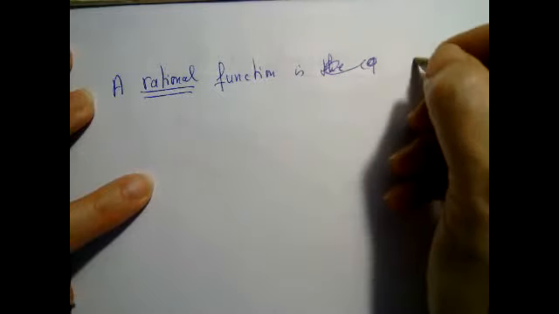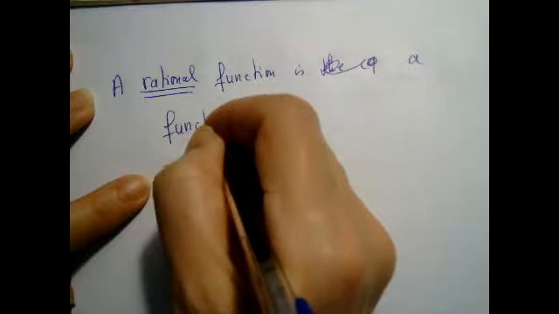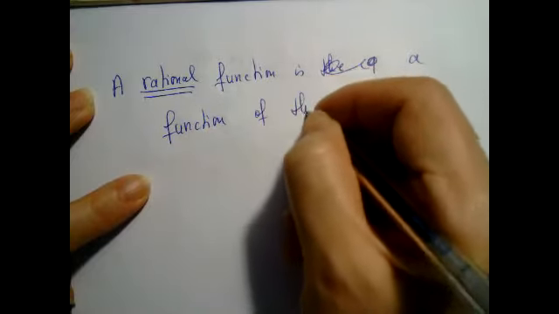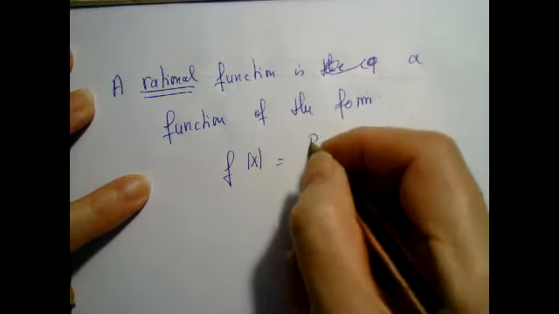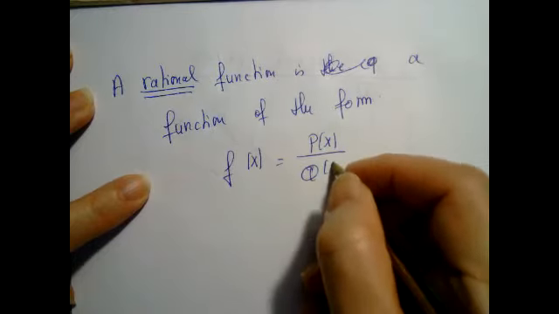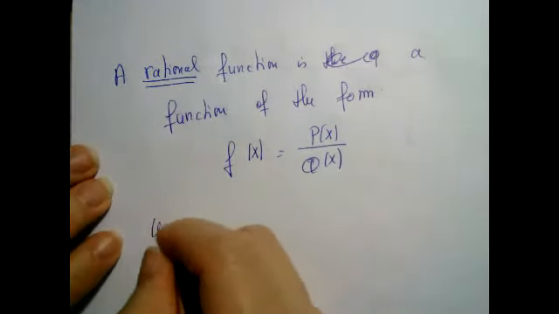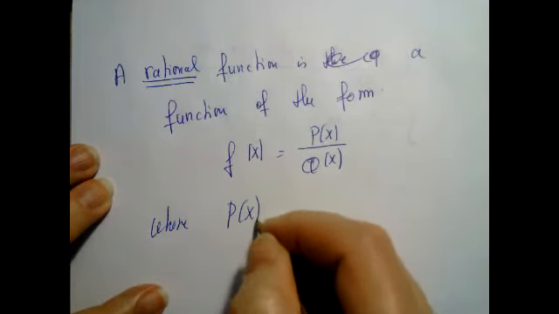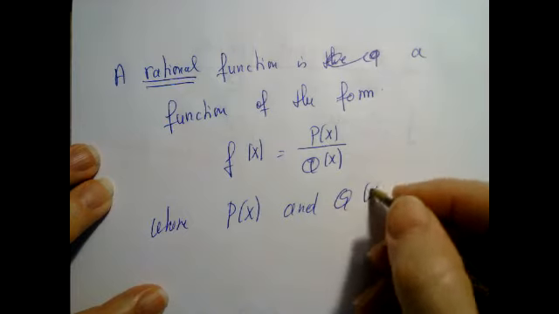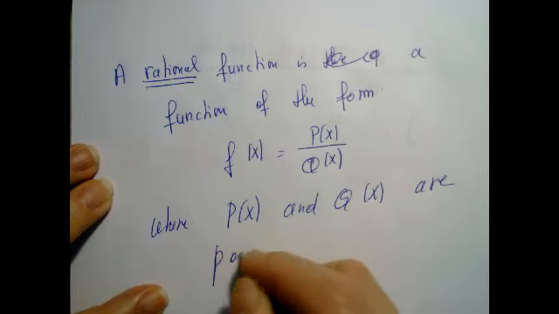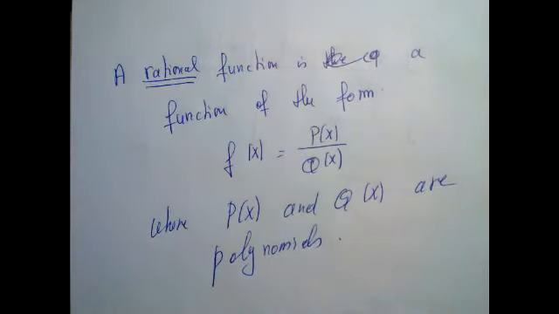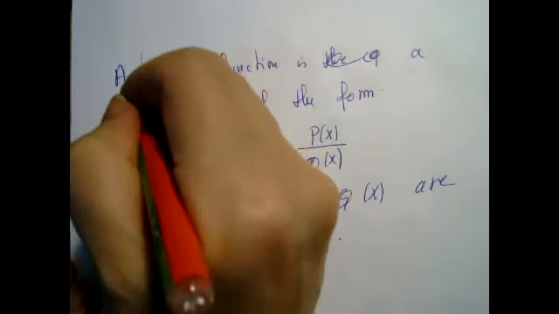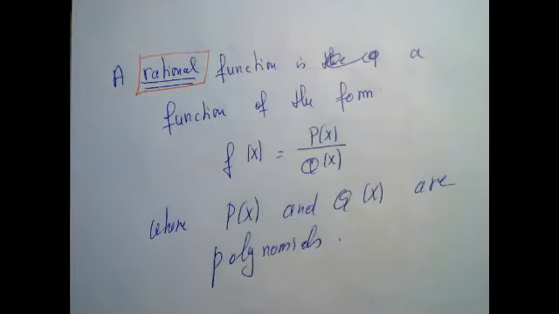So a rational function is a function of the following form: f of x equal p of x over q of x, where p and q are polynomials. So a rational function, which is going to be our interest, is a function that has the form p over q, where both p and q are polynomials.